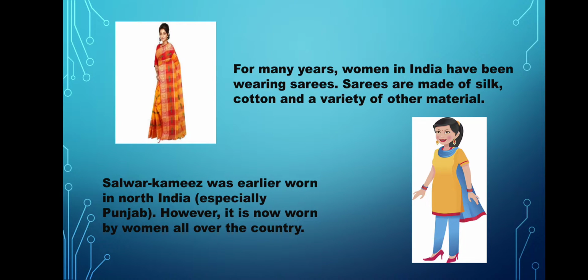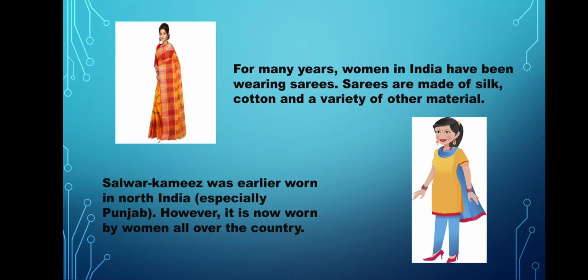For many years, women in India have been wearing saris. Saris are made of silk, cotton and a variety of other materials. Salwar kameez was earlier worn in North India, especially Punjab. However, it is now worn by women all over the country.